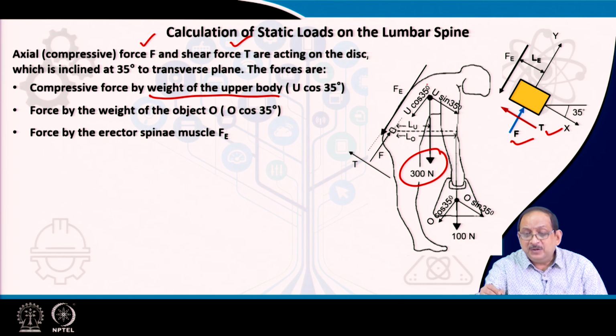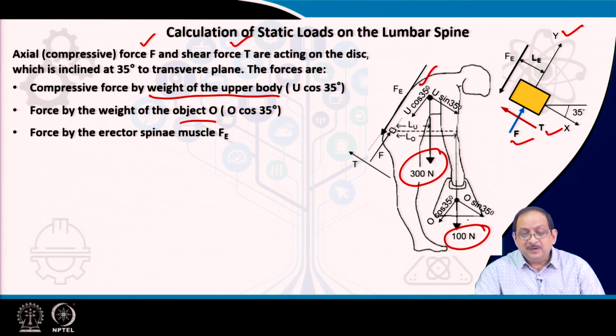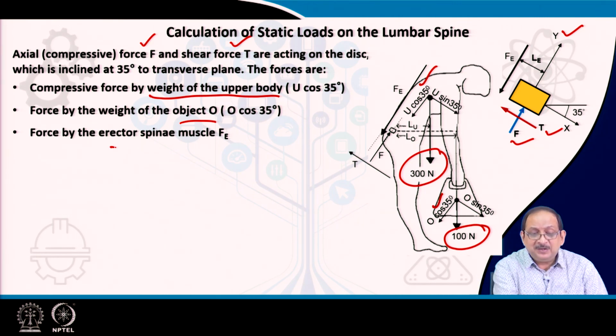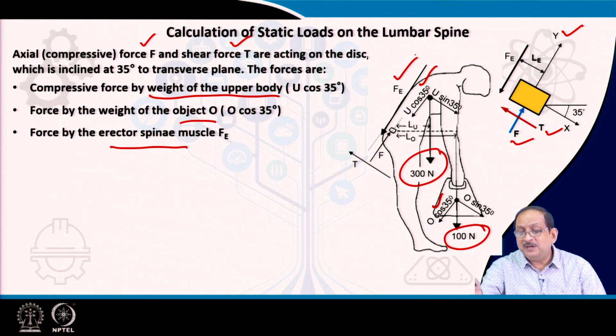So, the component acting along the y direction is U cos 35. The force of the weight of the object O, as indicated in the figure, has a component along the y direction of O cos 35, and the third force is the muscle force of the erector spinae muscle, indicated as Fe, and this is oriented along the y direction as indicated in the figure.